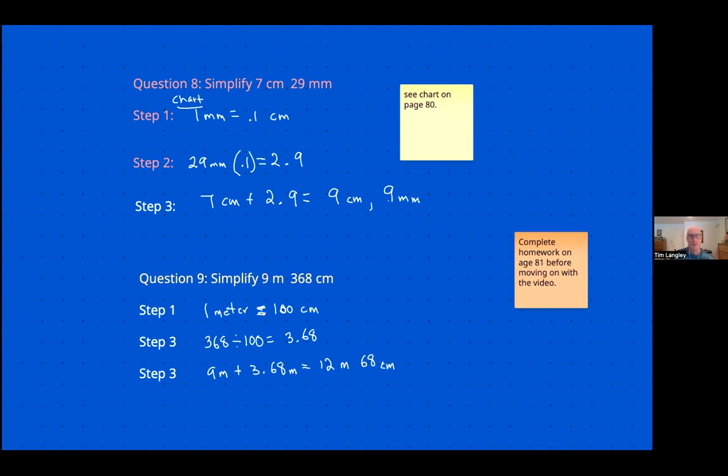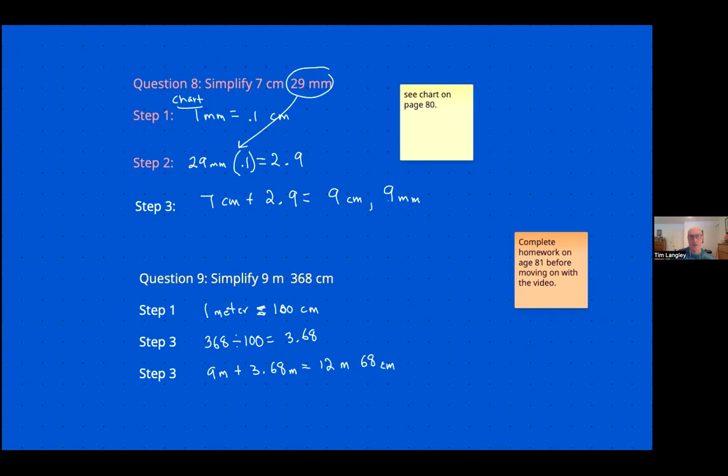So millimeters, if you look at the chart here, step 1, the millimeter equals 0.1 centimeters. It says it right on the chart. So I'm going to take my 29 millimeters and multiply it times 0.1, and I'm going to get 2.9 centimeters.